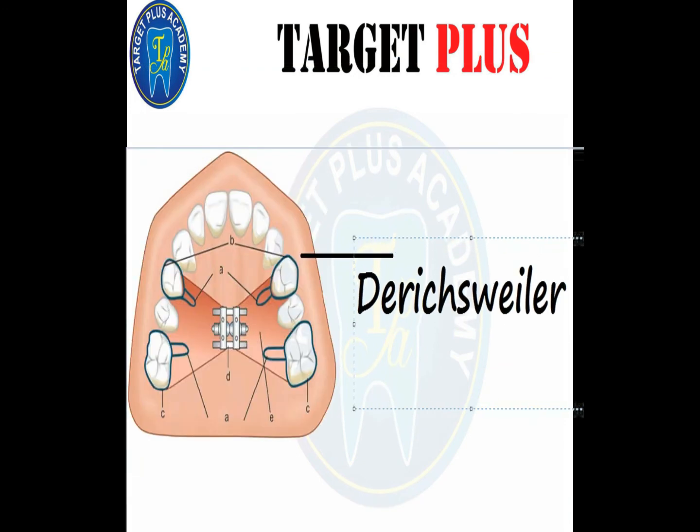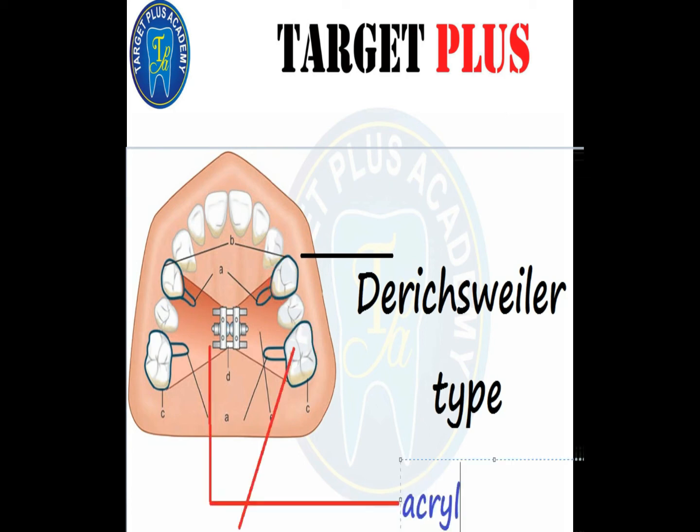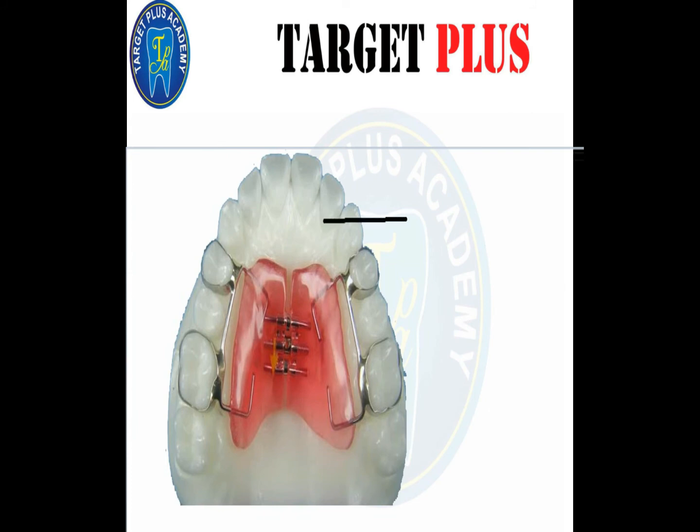Now next is the Derichsweiler RME appliance. The wire tags are soldered to premolar and molar bands. So these are incorporated in an acrylic plate. So this is the acrylic plate that contains the screw in the midline. The other is the Haas type. This appliance is a rigid appliance that not only transmits forces to the teeth but also to the palatal shelf.